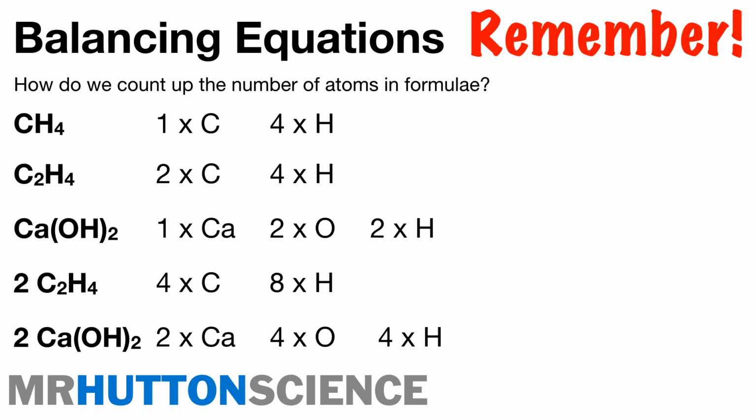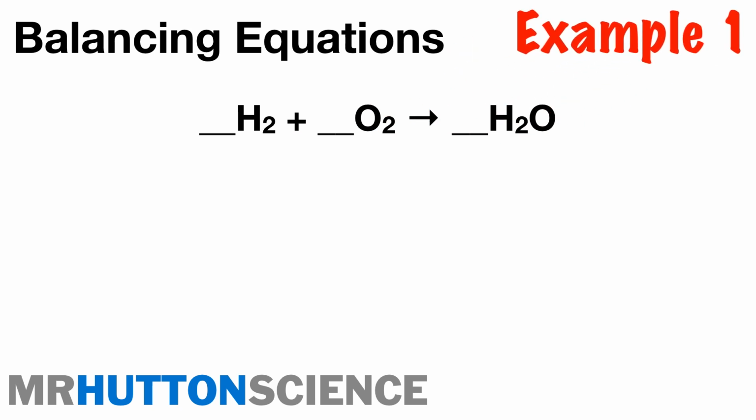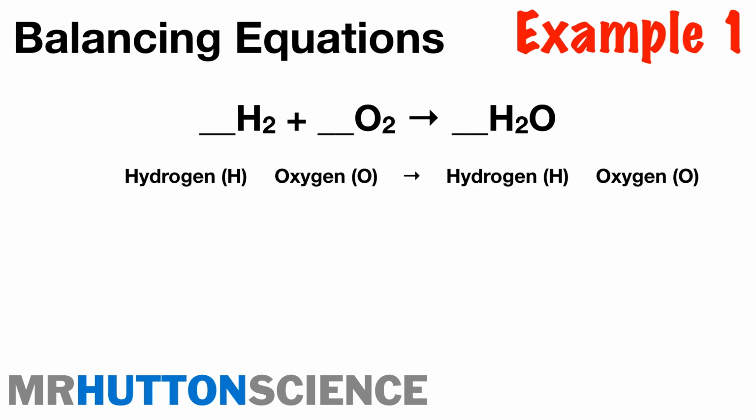Alright, we're going to run through some examples now to help you get the hang of this. Right, we'll start with example 1. Here we've got hydrogen plus oxygen to give us water. On both sides of the equation, we've got hydrogen and oxygen. We're just going to count up the number of each type of atom we have on either side of the equation.